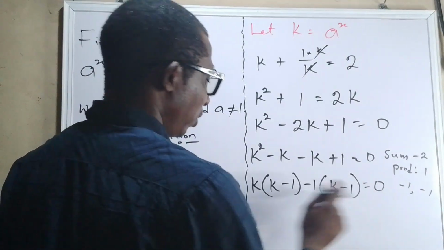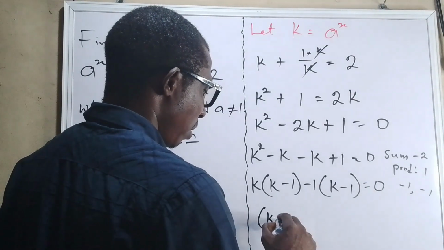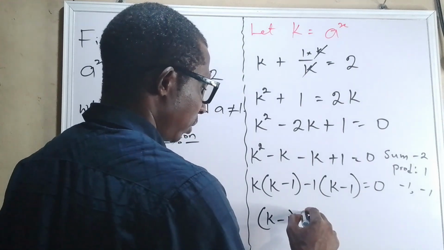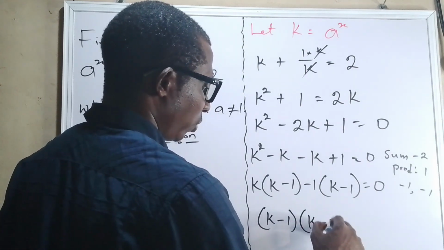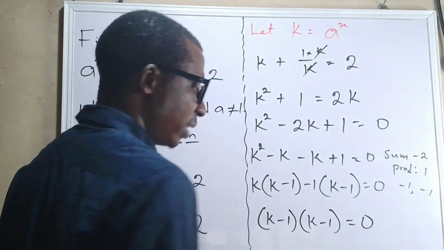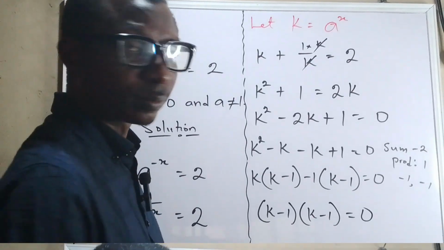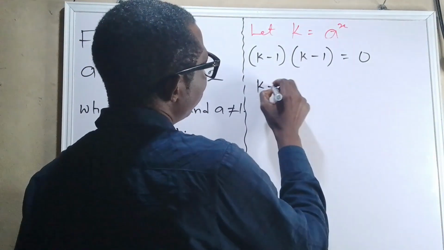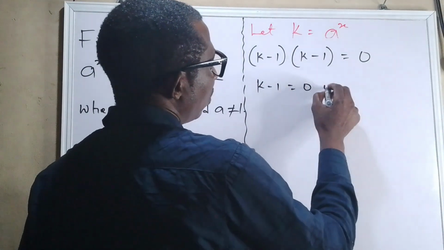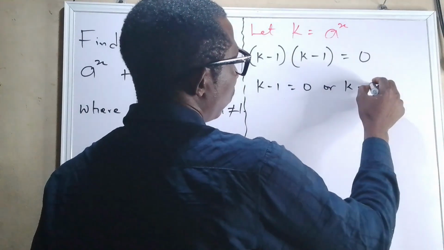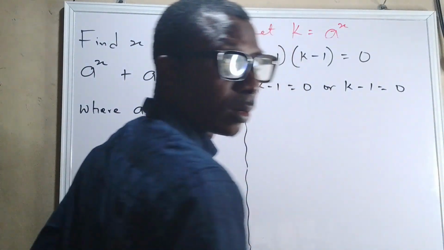So this equation turns to k minus 1 times k minus 1 equals 0. Right? We have k minus 1 equals 0, or k minus 1 equals 0. Right?